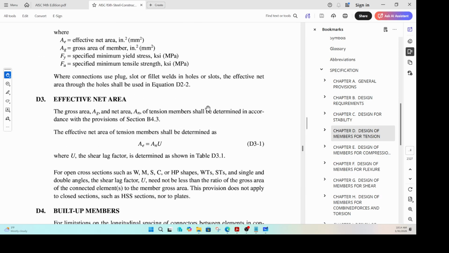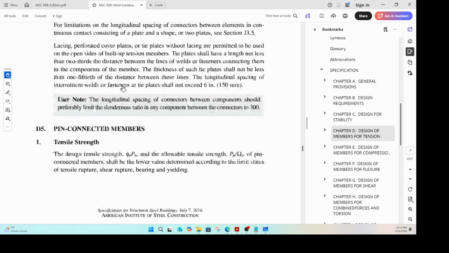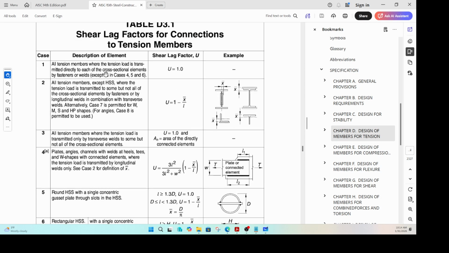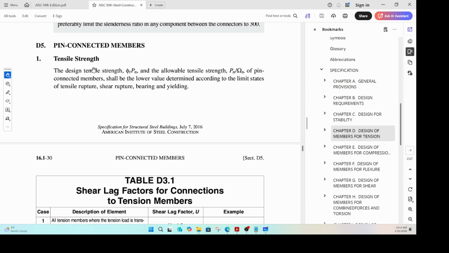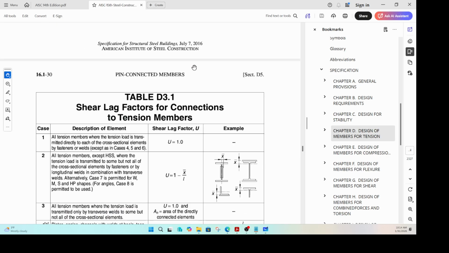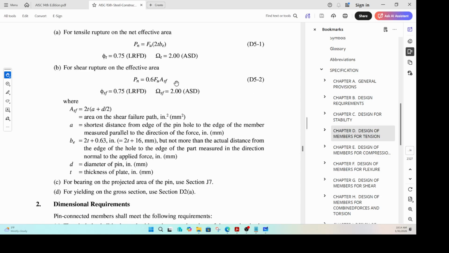Okay. So we talked about net area calculations and how this U can be found out from this particular table. We got into all the details of this table here, the 8 different cases, and we talked about all those cases, correct? And then we talked about pin connection members, and then figured out that there are a bunch of limit states, that means tensile rupture, shear rupture, bearing, and yielding.